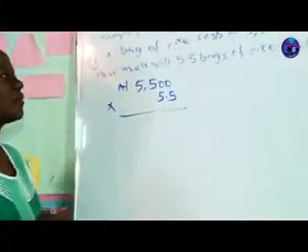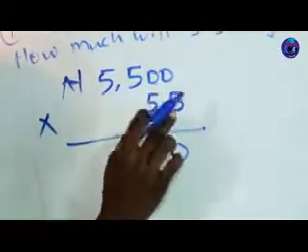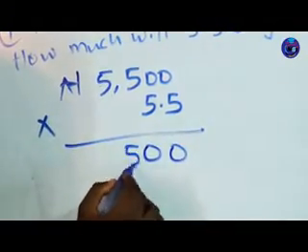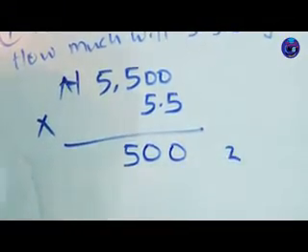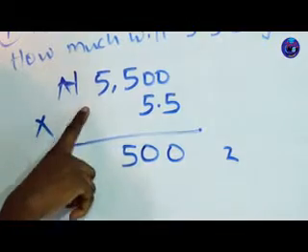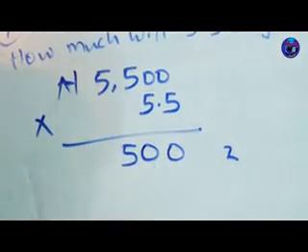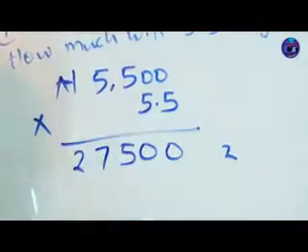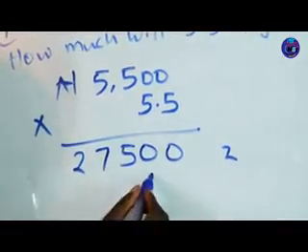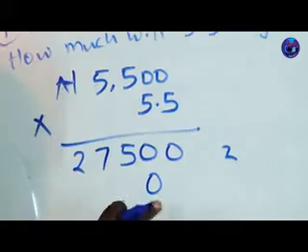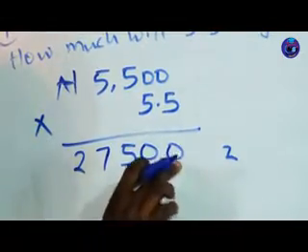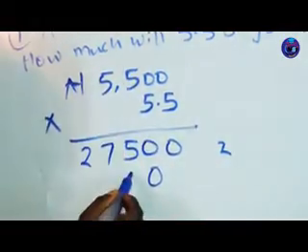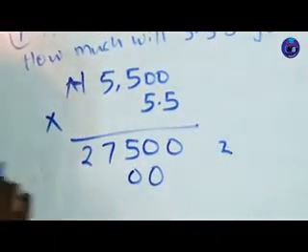5 times 0, 0. 5 times 0, 0. 5 times 5, 25, lift 2. 5 times 5, 25 plus 2, 27. 5 times 0, 0. Take note where I've put the points. I didn't put it directly in front of this first 0. 5 times 0, 0. 5 times 5, 25.